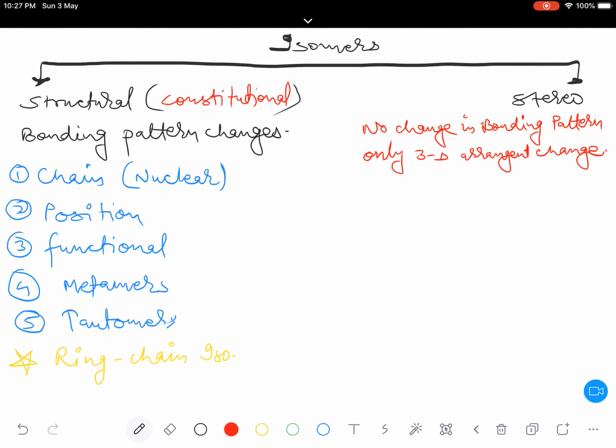Right? So again, stereoisomerism is also categorized into two different categories. First one, conformational. Second one, configurational.